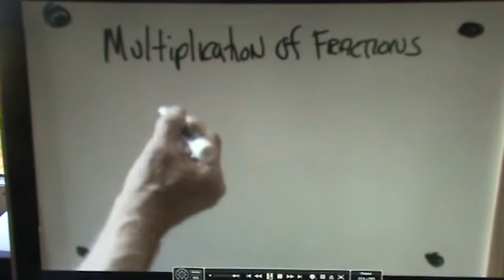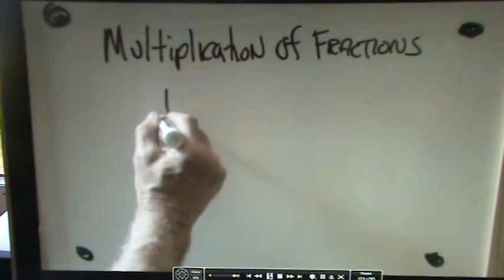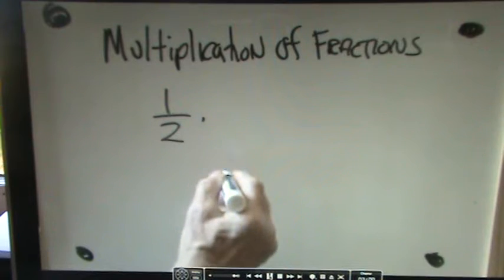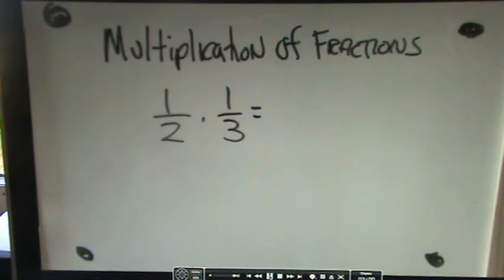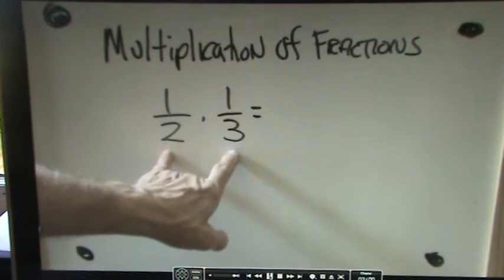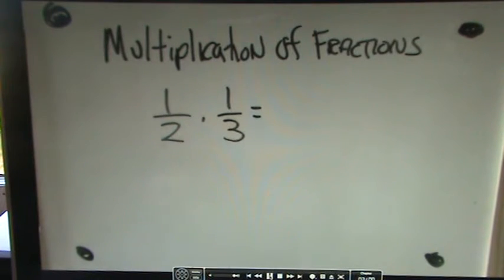Okay, well, let's put up some fractions. 1/2 times 1/3. Now, if we were adding fractions, we know that we could not add these two because the denominators are different. But in multiplication, it doesn't matter if the denominators are different or the same.